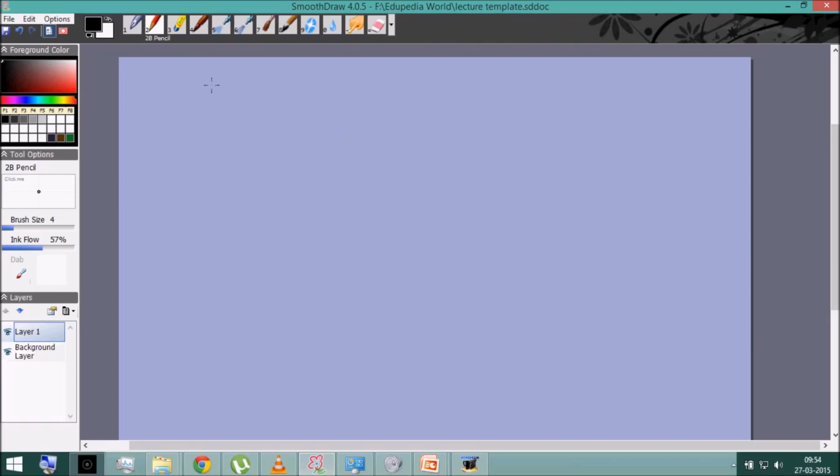Let's see a concrete example. We are given that rain is falling down at an angle of 45 degrees with the horizontal with a speed of 10 meters per second. This is V of rain.